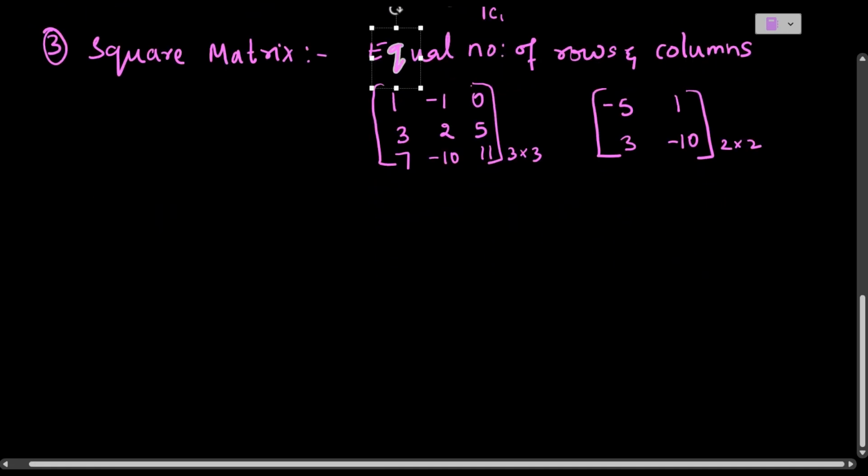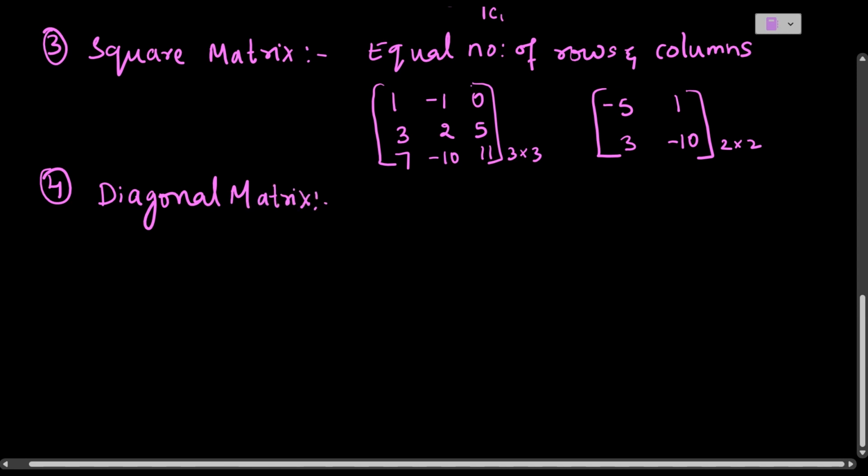Next, the fourth one is diagonal matrix. What do you mean by diagonal matrix, students? Diagonal matrix is nothing but a matrix with elements diagonally. Suppose we have a 3 by 3 matrix.